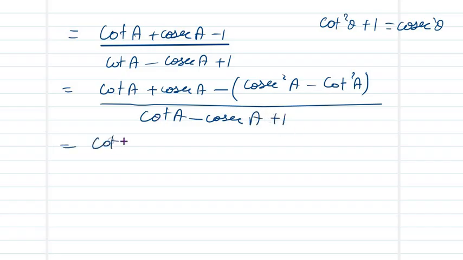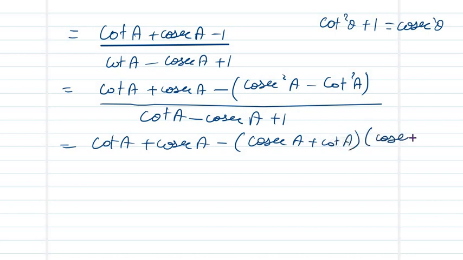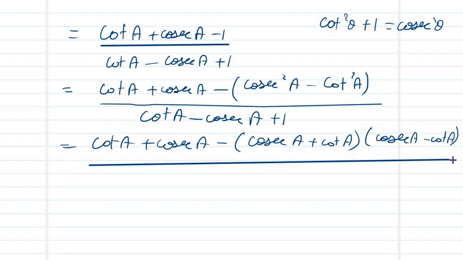Now the numerator is cot A plus cosecant A minus, and cosecant square A minus cot square A is 1, so I am going to write it as (cosecant A plus cot A)(cosecant A minus cot A), which is divided by the denominator, with no change. I am just going to place the denominator as it is, cot A minus cosecant A plus 1.